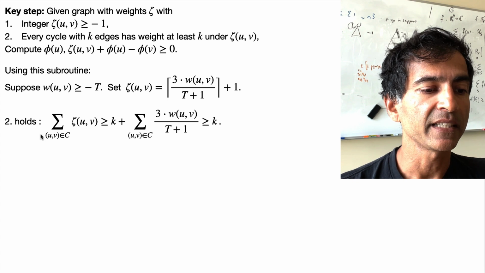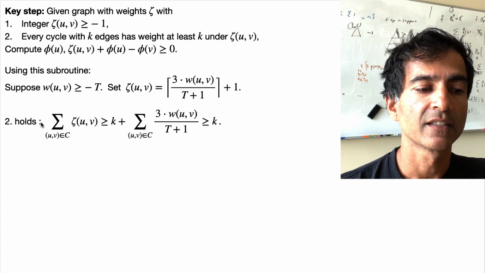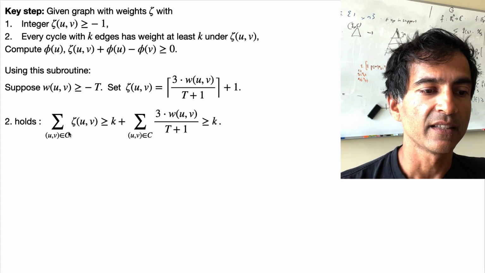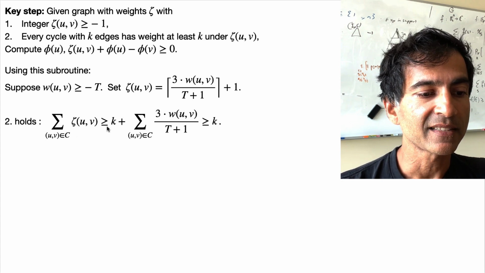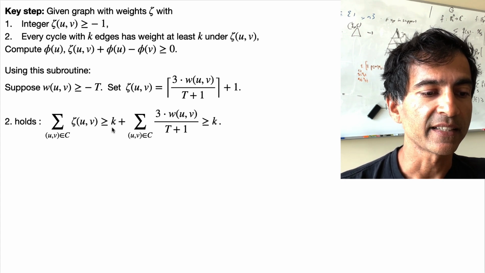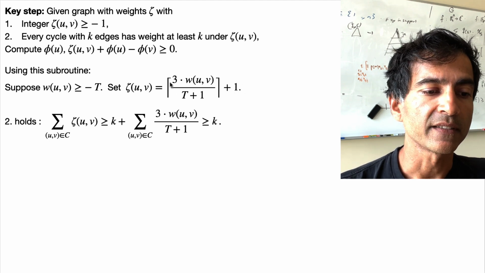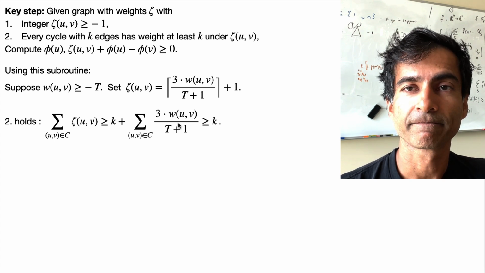And for the second property, you see that if you take the sum over any cycle of the zeta values, then the value can be expressed as at least k plus the quantity in here, right? That's because the k comes from the k edges of the cycle. And then if we get rid of the ceiling, we can only get a value that's smaller.